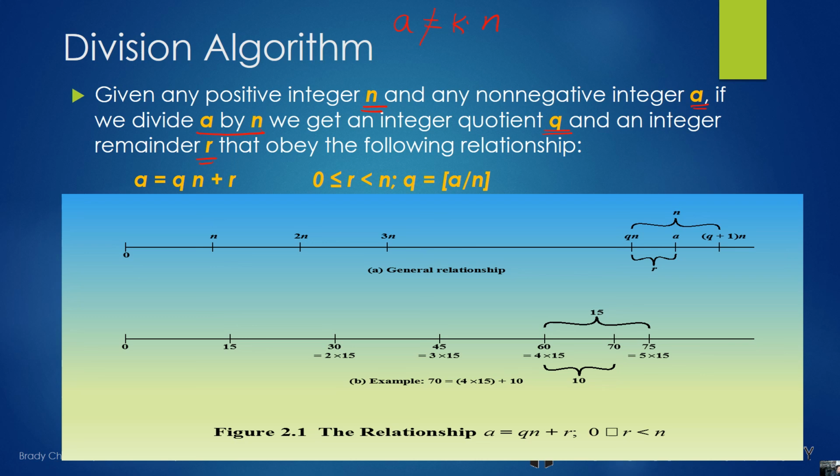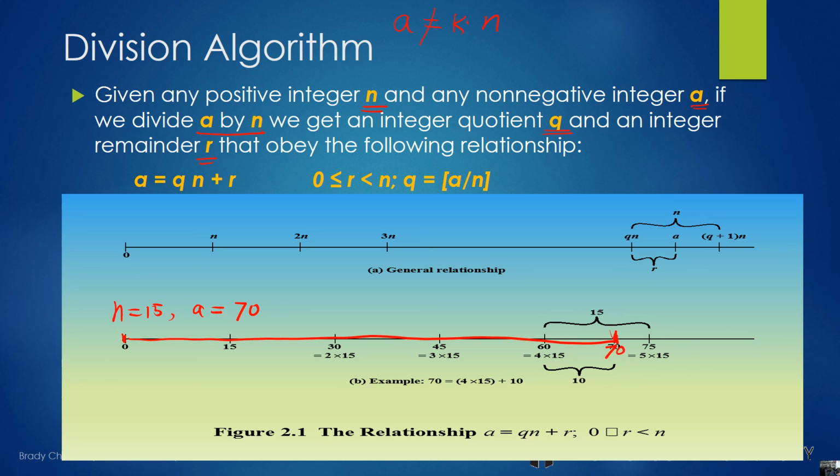Okay, let's talk about this a little bit more with an example. Let's say n equals 15 and a equals 70. So we start from 0, and that number is 70, right?